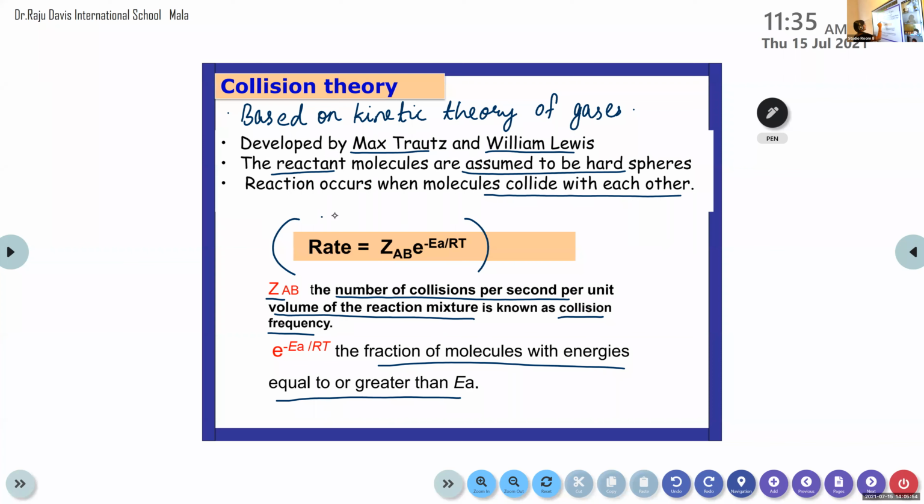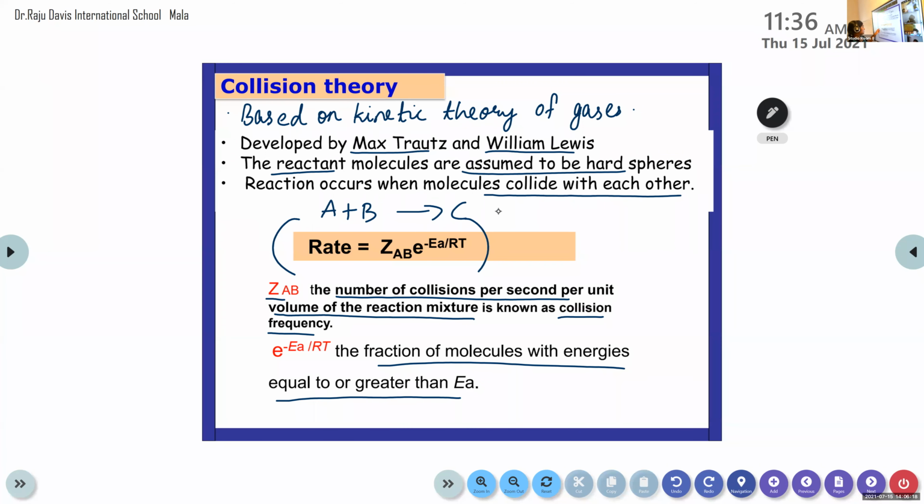Here, this AB, we are considering this reaction, that's why we are taking this ZAB. A plus B giving products. ZAB is known as collision frequency, the number of collisions per second per unit volume of the reaction mixture. In unit volume, in 1 second, how many collisions take place?